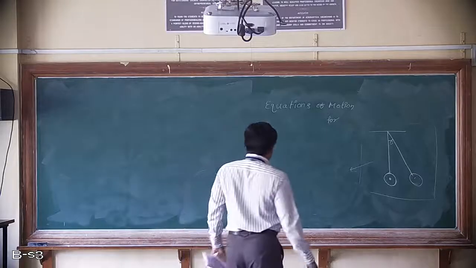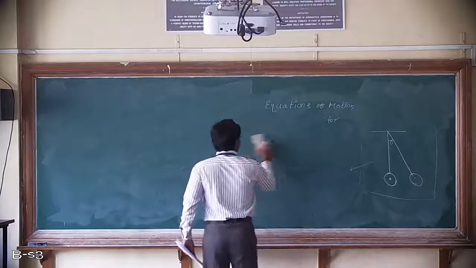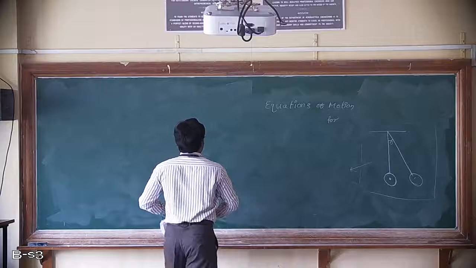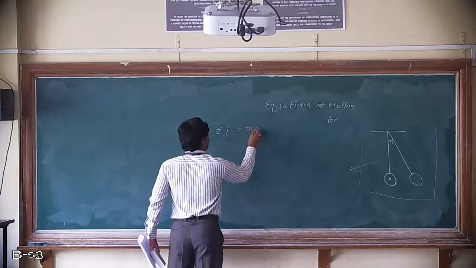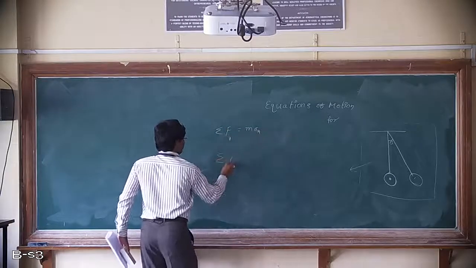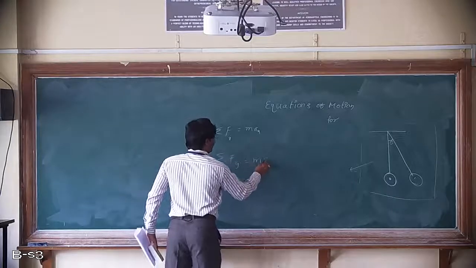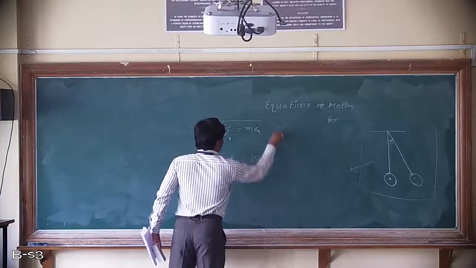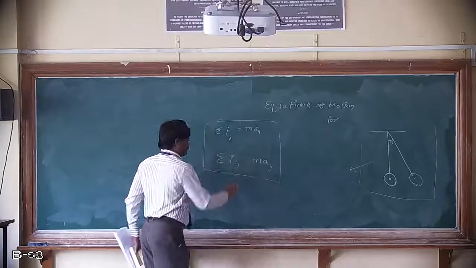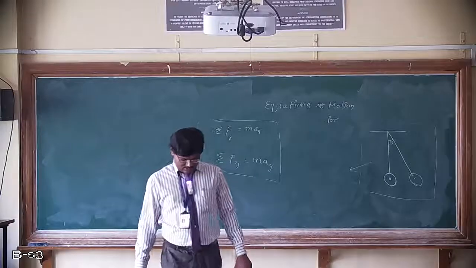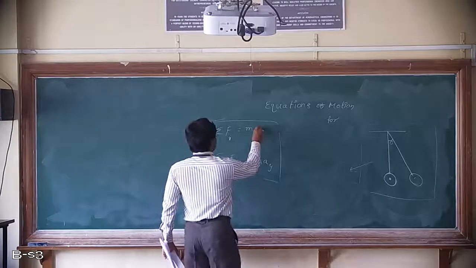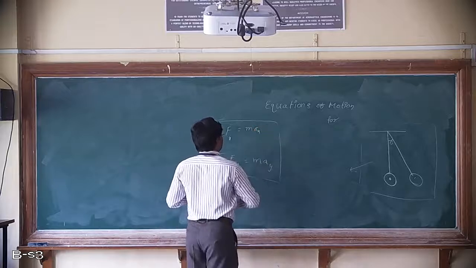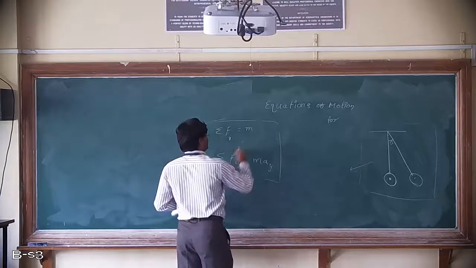So yesterday we already derived some equations. We are talking about sigma Fx equals m ax, and sigma Fy equals m ay. Here ax is the acceleration in the x direction.